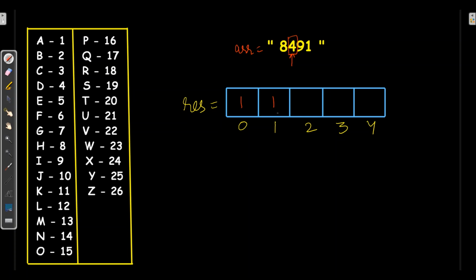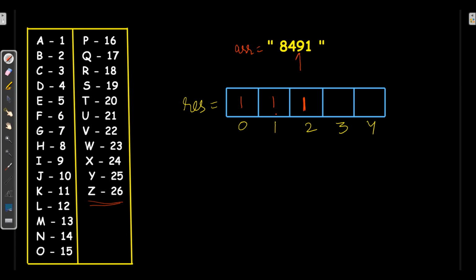Yes. So I'll copy this and then I will check for double digit 84. But 84 is not in our alphabet series. So here I won't be doing the sum. I'll just copy the previous element 1 for the single digit.